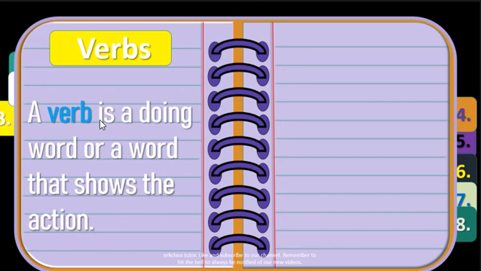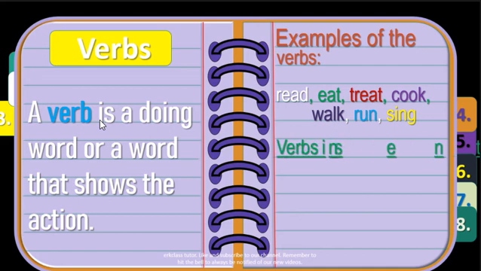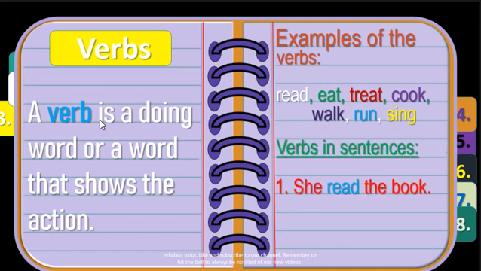A verb is a doing word or a word that shows action. Some examples of verbs are read, eat, cook, walk, run, sing, and many more.